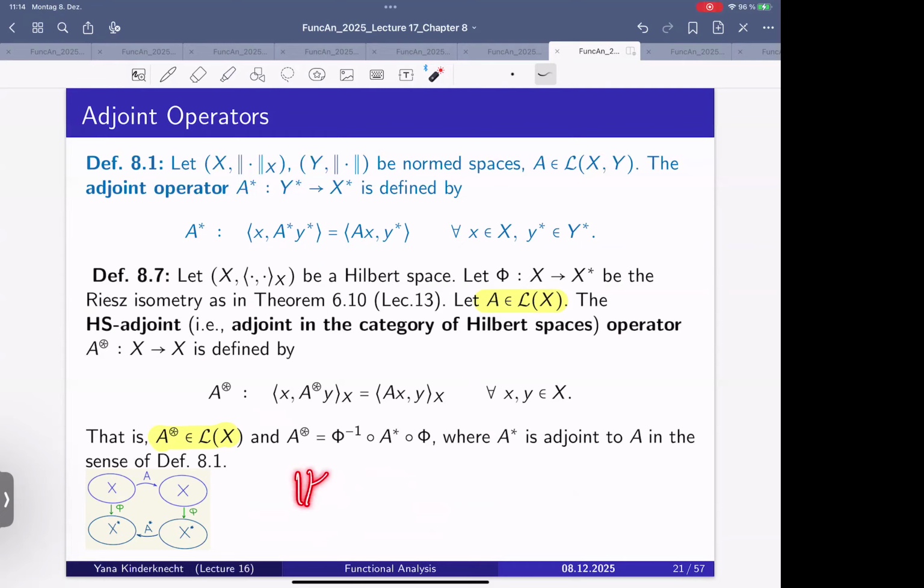But if my K is complex numbers, then my scalar product here is linear with respect to the first variable, but conjugate linear with respect to the second variable. And duality is bilinear. So this guy is sesquilinear, conjugate linear with respect to the second variable, and this guy is bilinear.